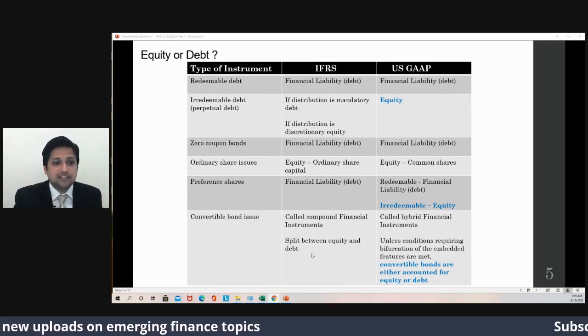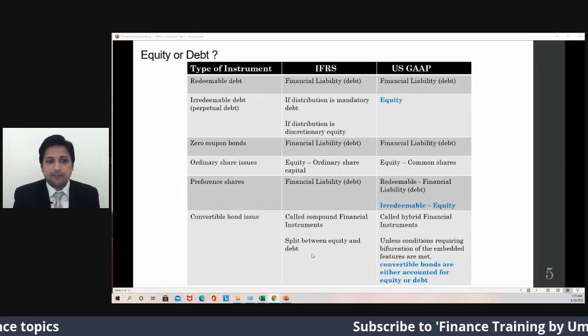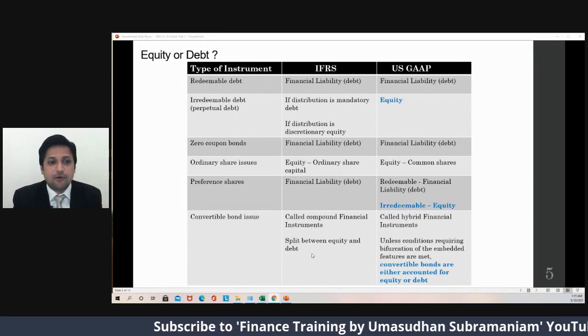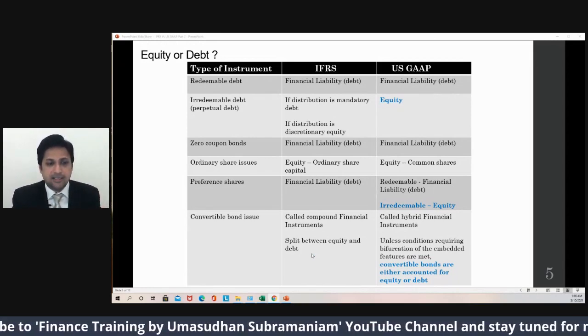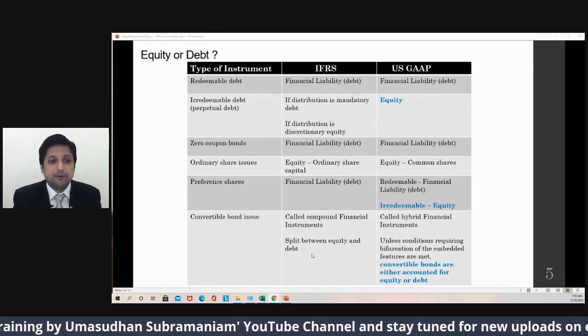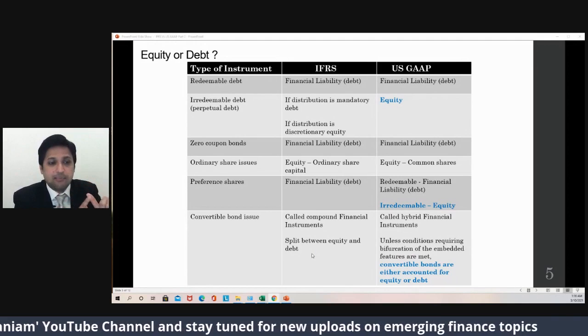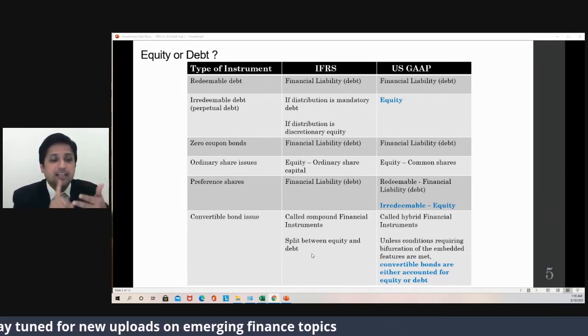Now let's look at something more exciting: preference shares. If we look at preference shares, any type of preference shares is accounted for as a financial liability in IFRS because most of the time preference shares have a fixed dividend payment, and dividend payments are mandatory and cumulative.